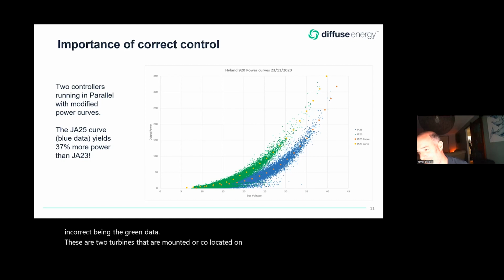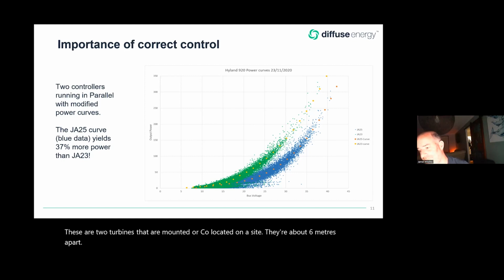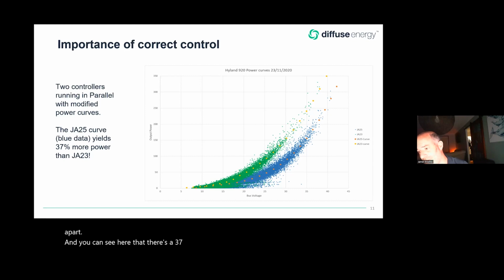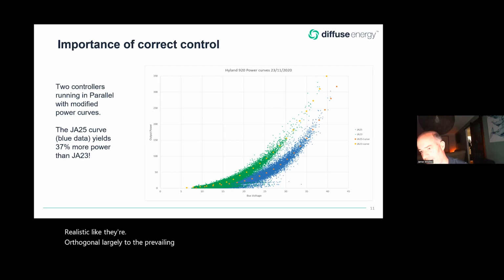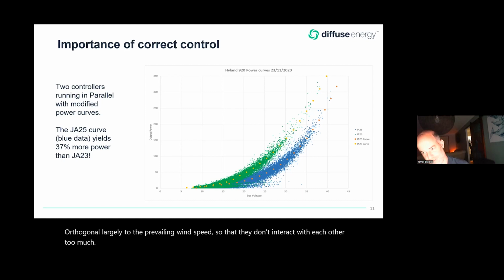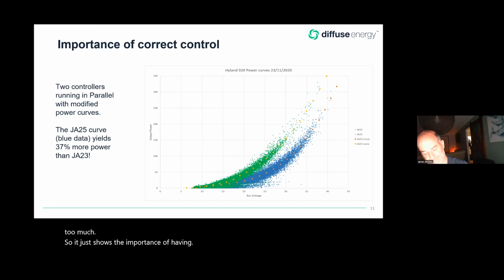They're about 6 meters apart. And you can see here that there's a 37% power difference between those two turbine outputs just based on the control curve. They're orthogonal largely to the prevailing wind speed, so that they don't interact with each other too much. So it just shows the importance of having good control.